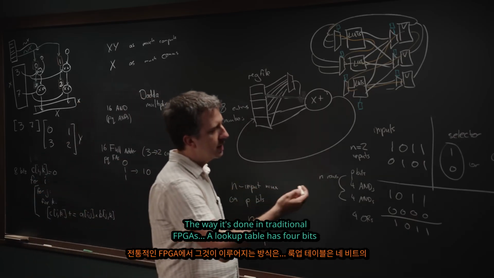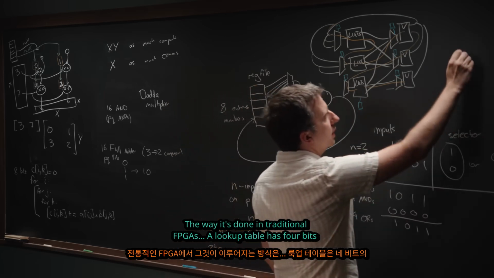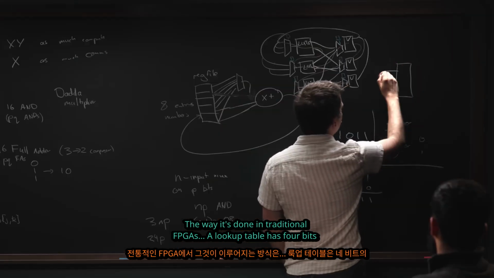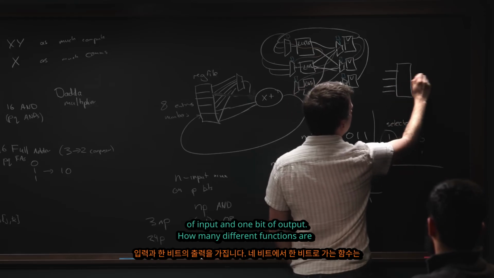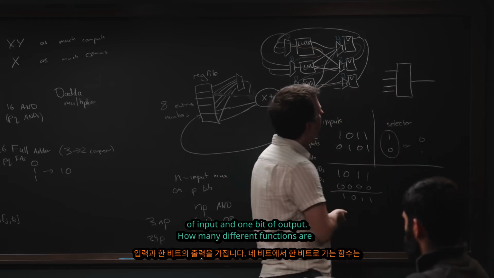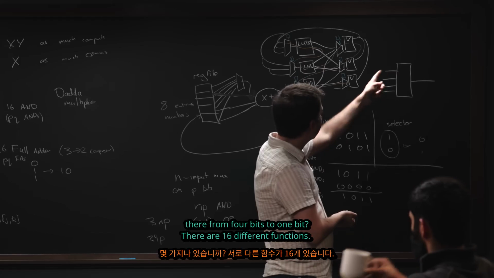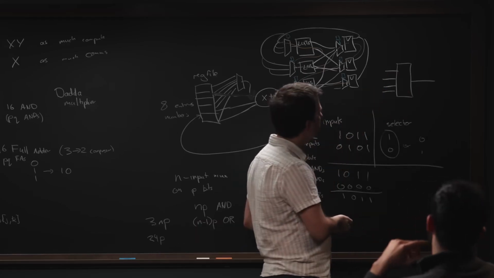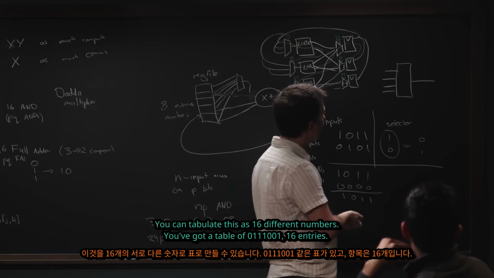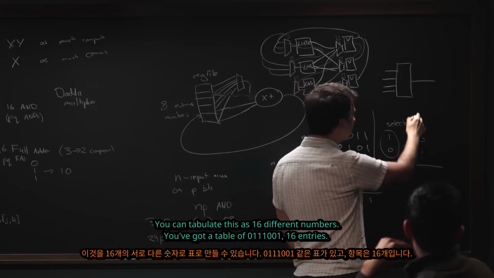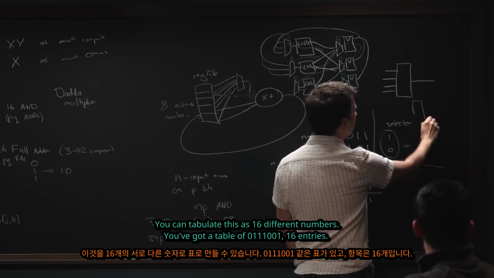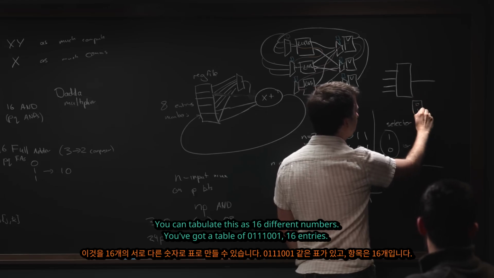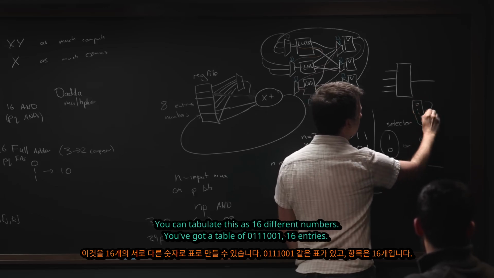It will be a lookup table that has 4 bits of input, 1 bit of output. How many different functions are there from 4 bits to 1 bit? There are 16 different functions, and so you can actually just tabulate this as 16 different numbers. You've got a table of 0, 1, 1, 1, 0, 0, 1, 16 entries.